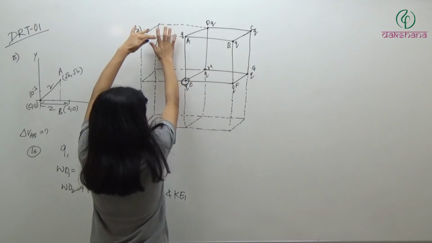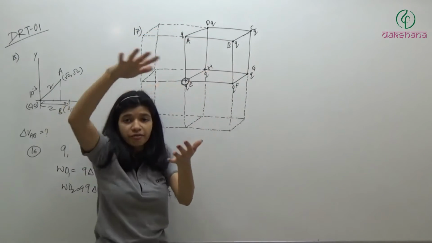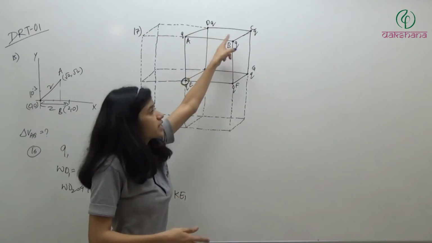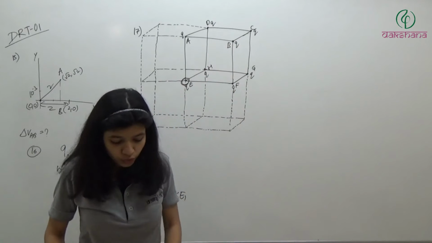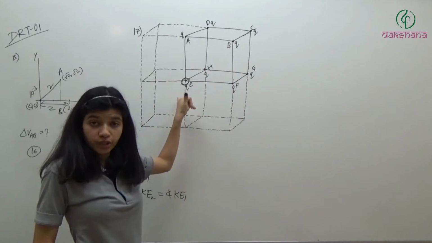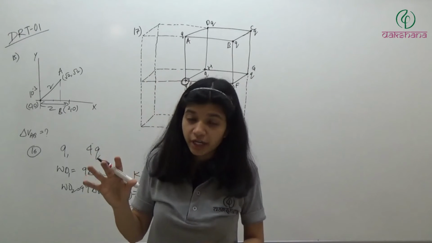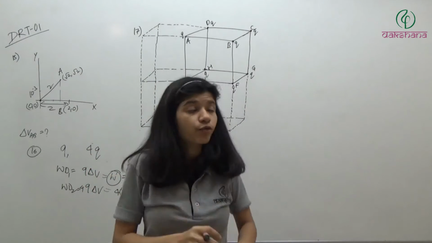So here we'll have 1, 2, and again 1, 2. So the upper surface of the new cube, ABCD is 1/4 of that. First we'll find out the flux due to this charge from the complete cube, then from one face of that bigger cube, and then from ABCD.